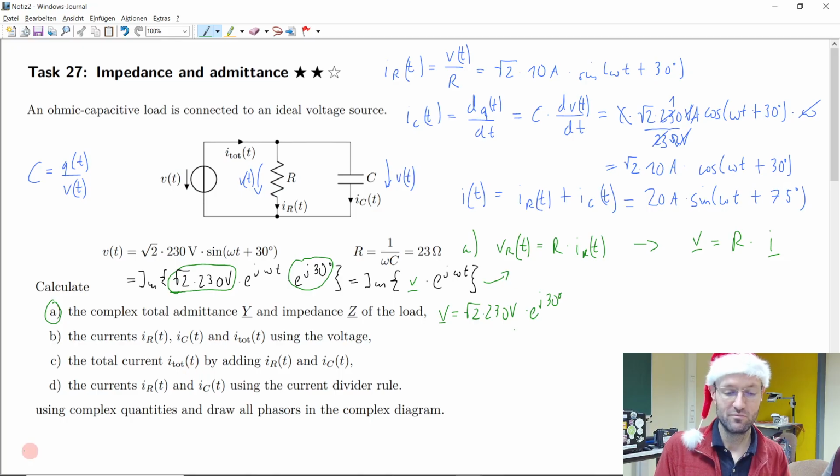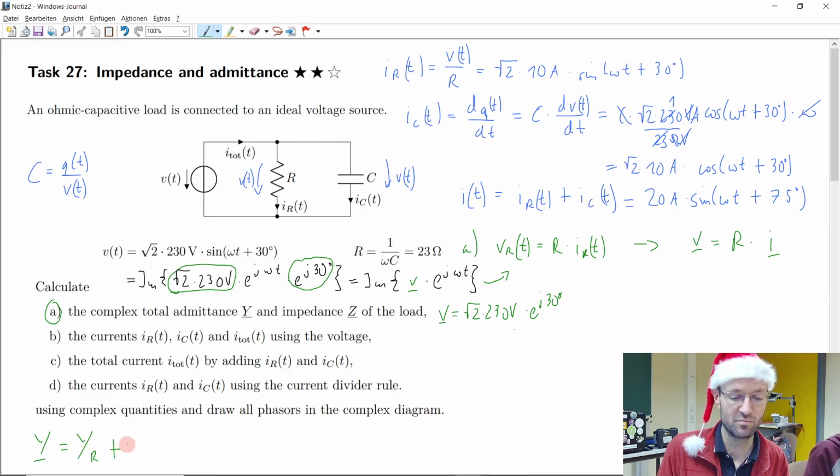So maybe we start with complex admittance because it's already also written in a way. Because we have a parallel circuit. If we would have two resistors in parallel, how would you calculate the total conductance in a parallel circuit? It's just the sum. And so in our case, the total admittance is just the sum of the admittance of the resistor plus the admittance of the capacitor.